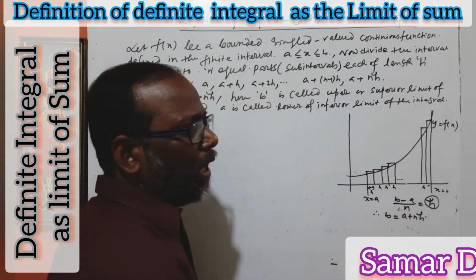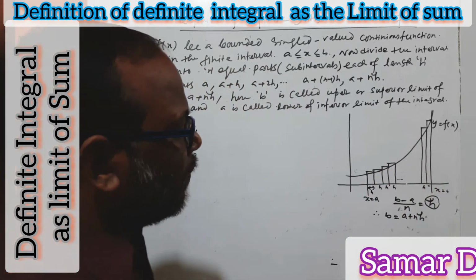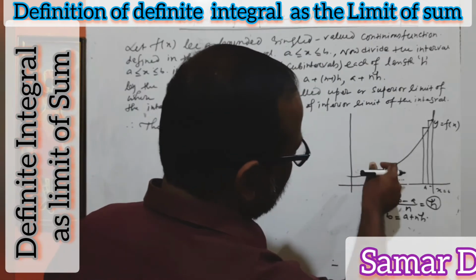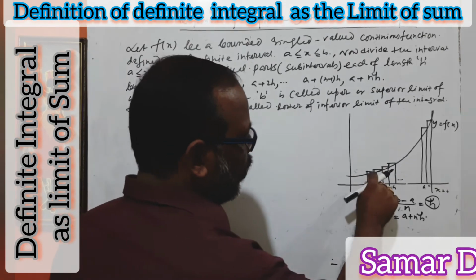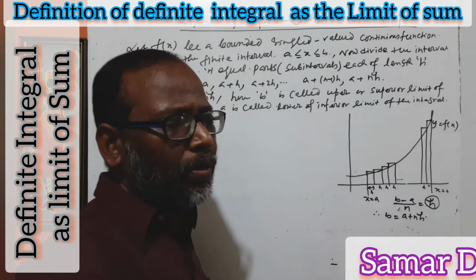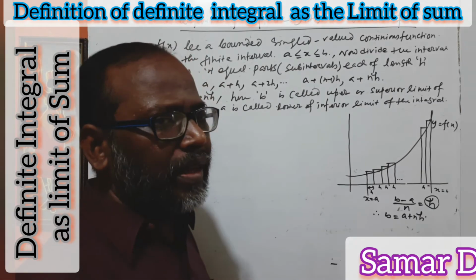Now I want to find, from the definition, for this closed interval from a to b, this region is called the area. So how can we find the area? This looks like a rectangle. As this is a very small gap, let us assume this is a rectangle. Now you know the area of a rectangle is length and breadth.